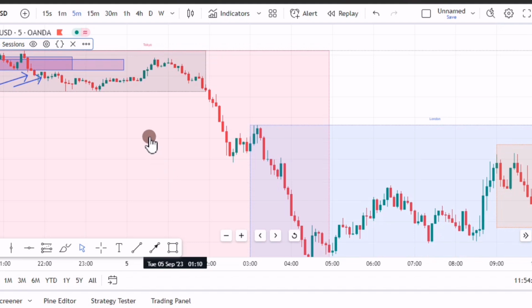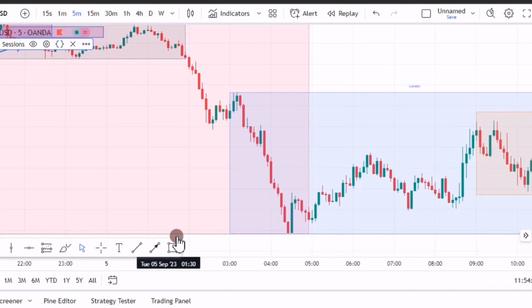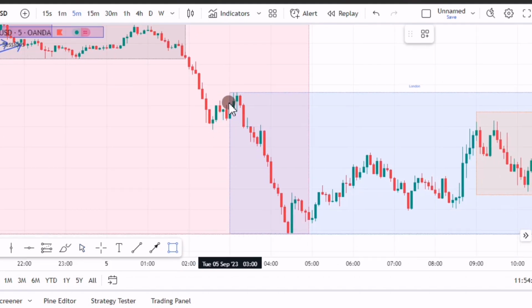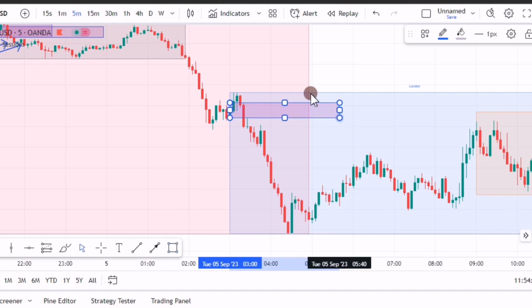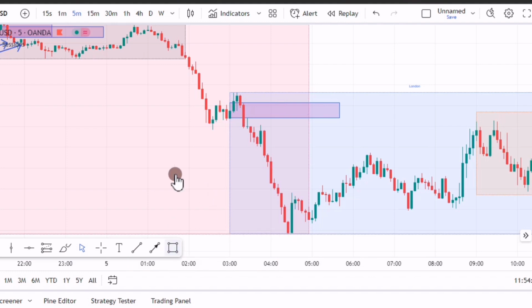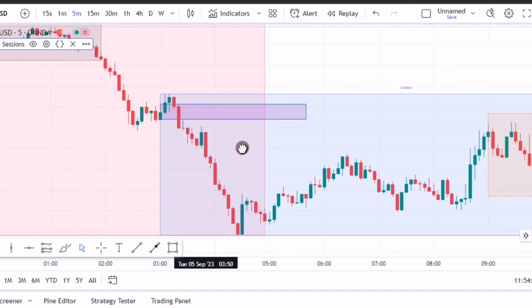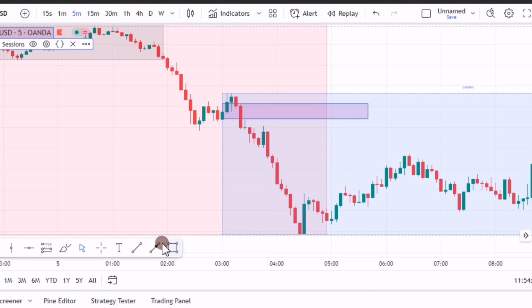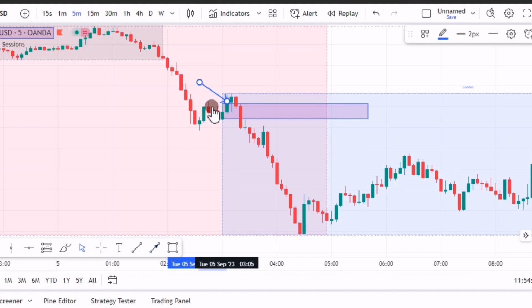Let's come here, beginning of London. Right here you have, let me zoom in. The first candle wasn't a real breakout. It's only a wick that closed above.